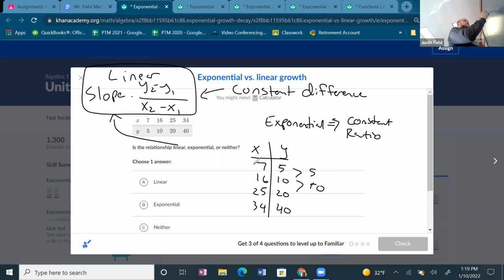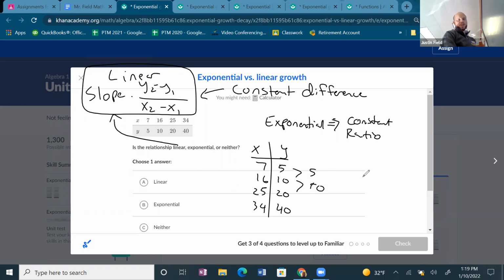Well, let's make sure. On this side, we're adding 9, adding 9. Okay, so it failed the linear test because the linear test would be 5 over 9 and then 10 over 9 are not equal. If it was a slope, it would be equal. So fail the linear test.